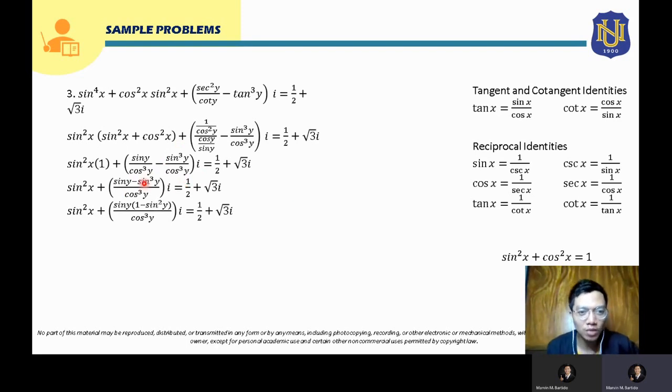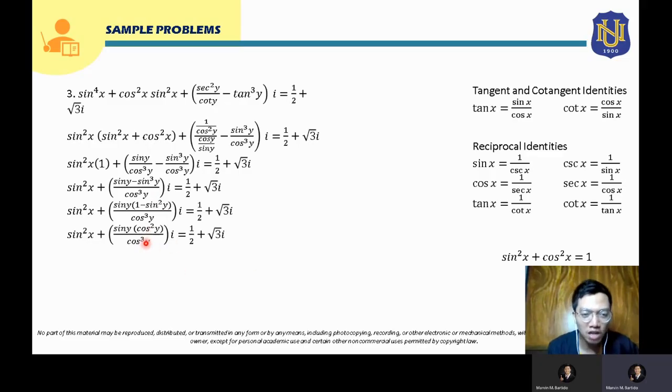From that, we can factor out sine y, so this will become 1 minus sine squared y, over cosine cube y. We can notice that this 1 minus sine squared y is also from your Pythagorean identity: 1 minus sine squared x is equal to cosine squared x. So this 1 minus sine squared y will be equal to cosine squared y. We can rewrite it this way.